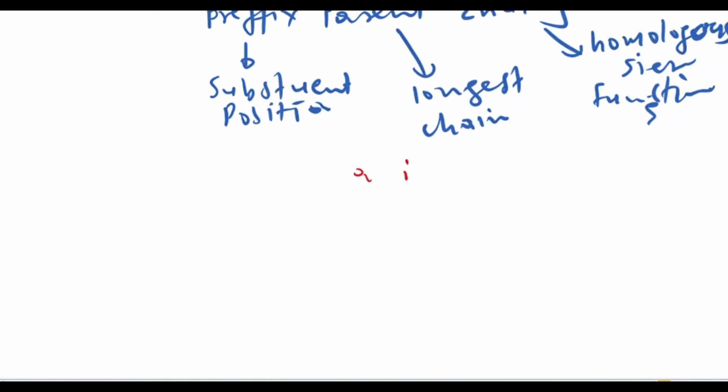The example of this haloalkane: I have 1, 2, 3 carbon atoms here, so this one has 3 carbon atoms. Let's say we have bromine here.